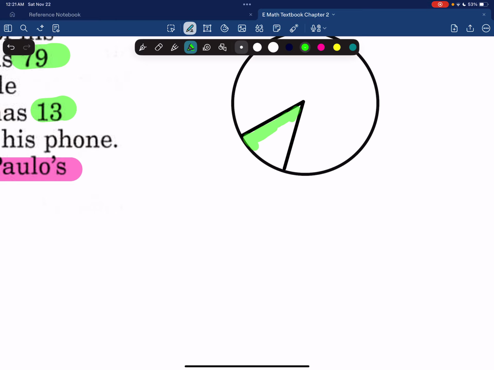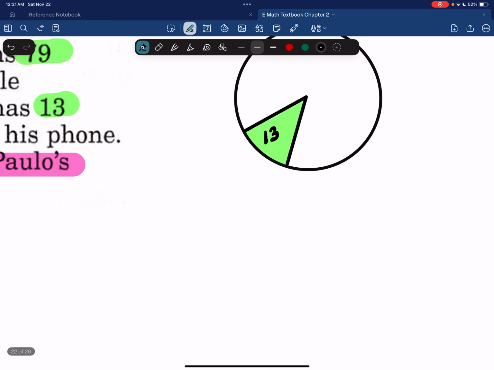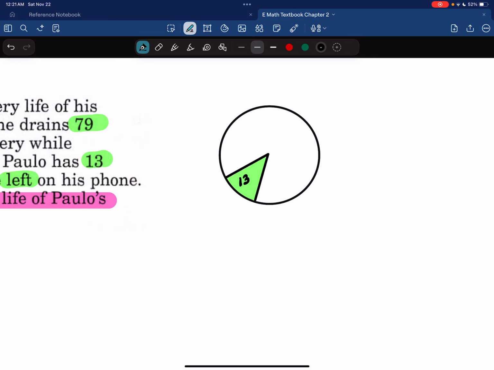So this is what he has not used. He still has this battery available to him. And I'm going to put a 13 there. Now the rest of this has already been eaten up by the video that he watched.